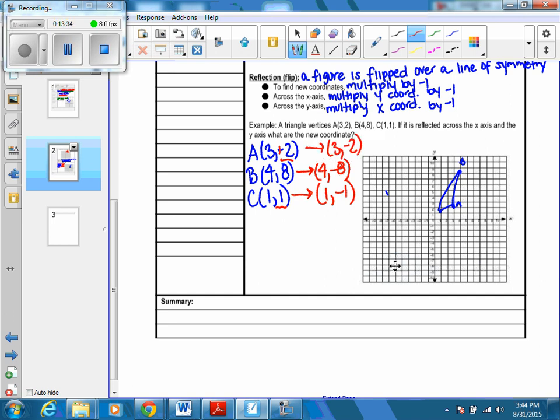So this point is 3, -2 down here, so that's going to be point A. Part B, 4, -8, will be down here for B. Remember, this is going to be B prime and A prime. And C is going to be 1, -1. And this is going to be C prime.